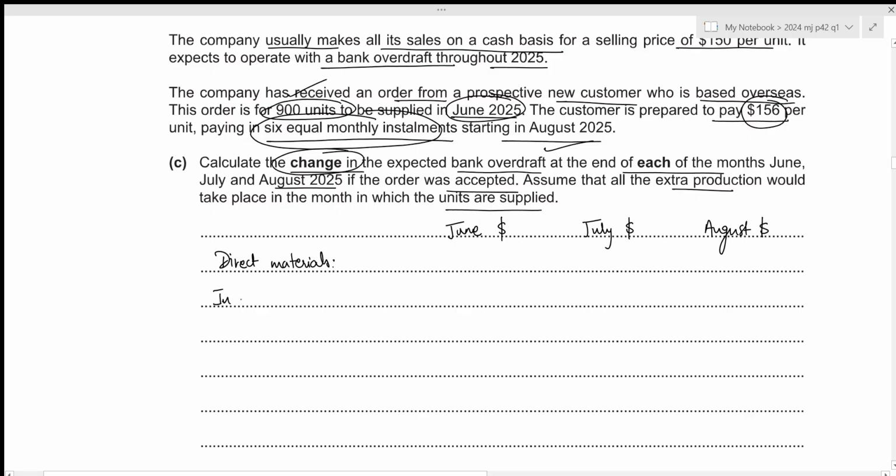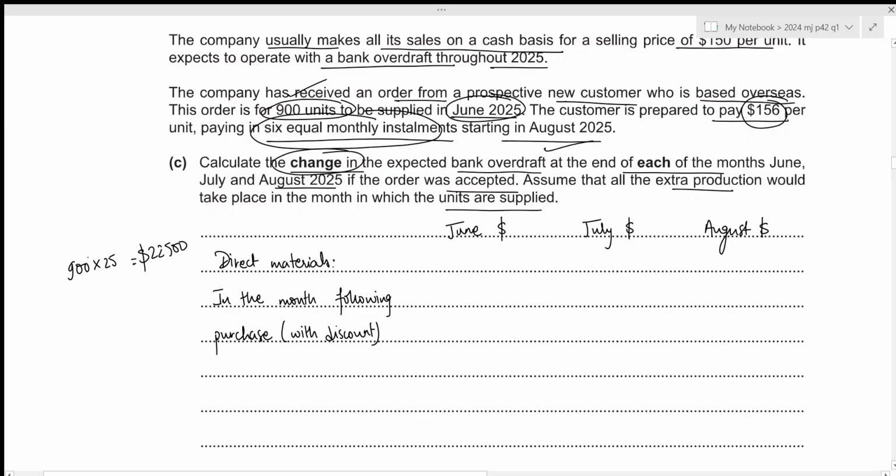So in the month following purchase, let us talk about the with discount value. We know that each unit requires $25 of direct material. So the total direct material in this case will be 900 times 25. This results in the value of 22,500.